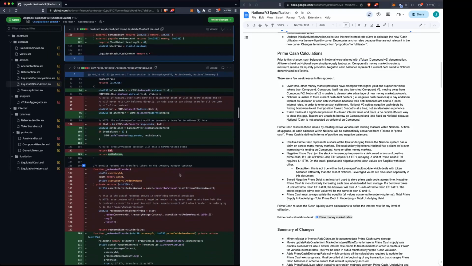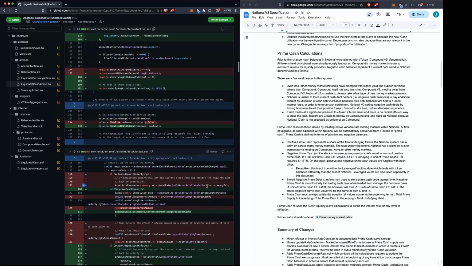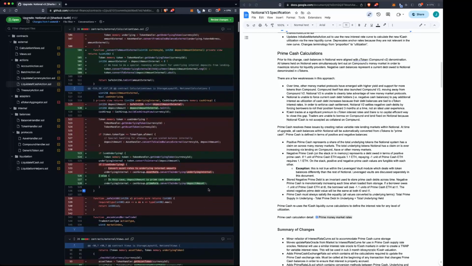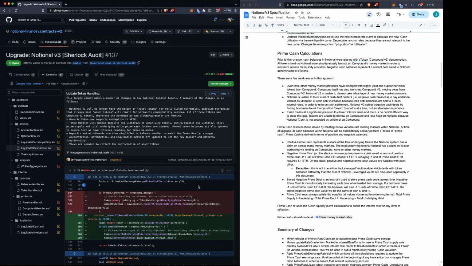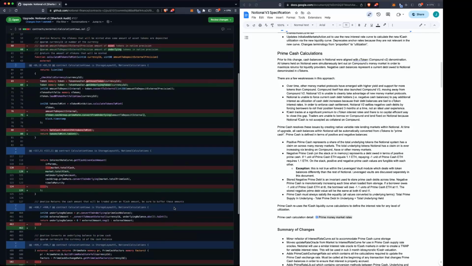And then the other thing to call out here is that in liquidation, liquidators would provide C tokens before. Now they'll provide the actual underlying tokens. I think that's a welcome change. Again, it'll be a lot more gas efficient for liquidators to do that. So this commit is small.